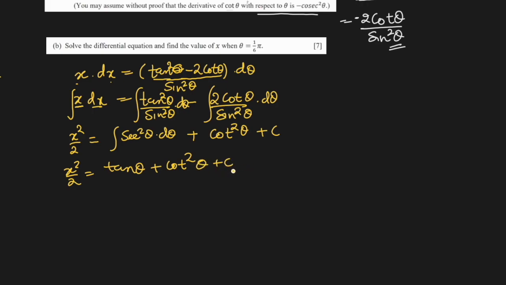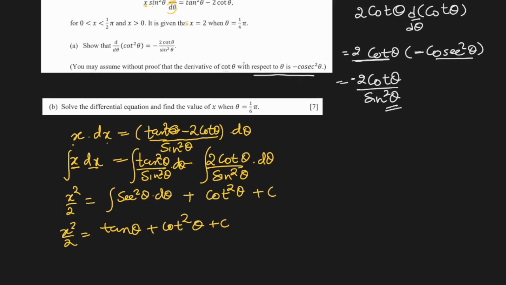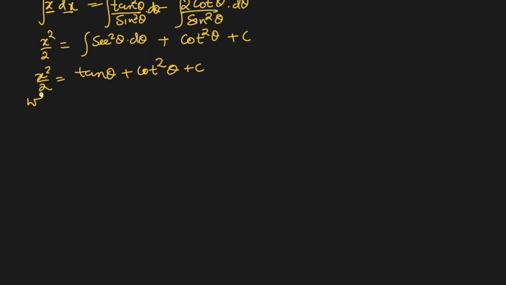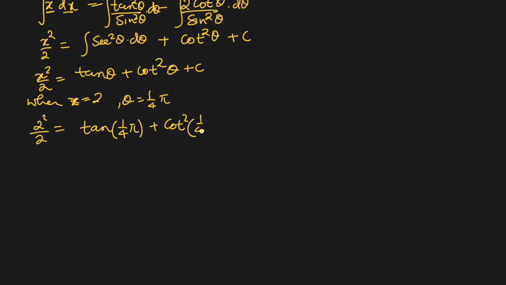c. Now next job is to find this c, and we will use the information they have given earlier. When x is equal to 2, theta is 1 over 4 pi. So 2 square over 2 equal to tan 1 over 4 pi plus cot square 1 over 4 pi plus c.